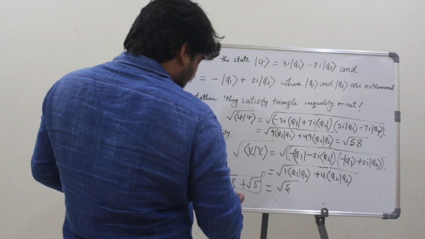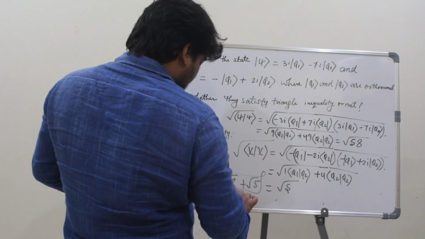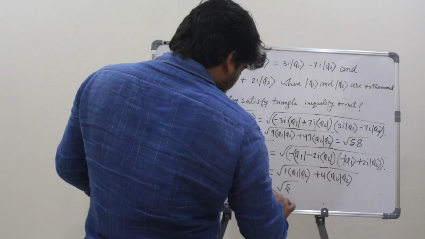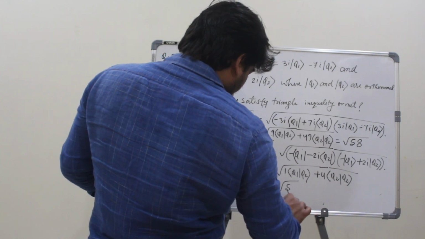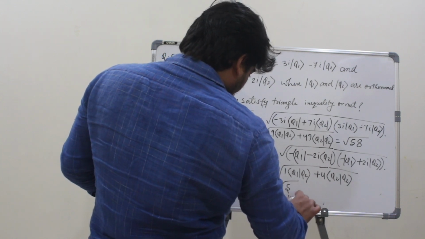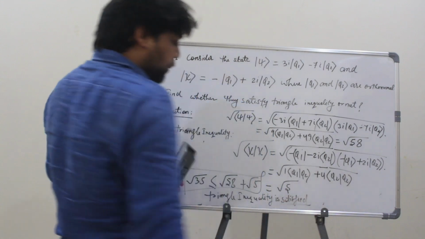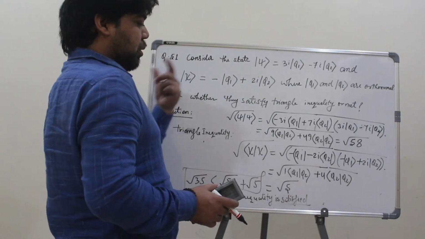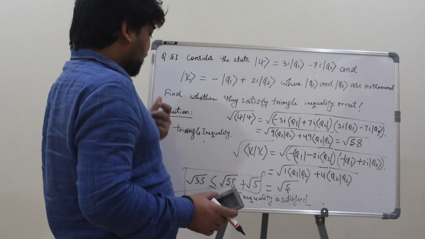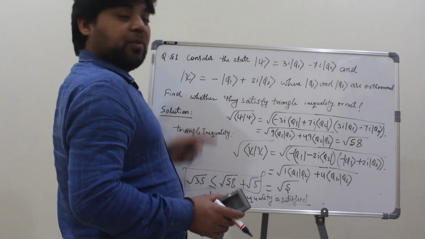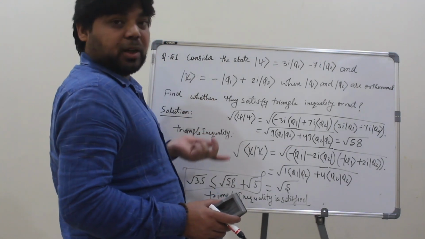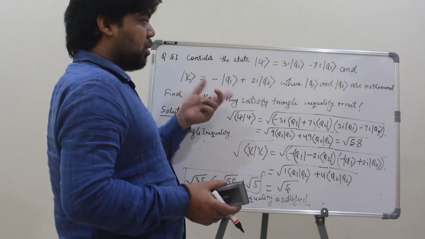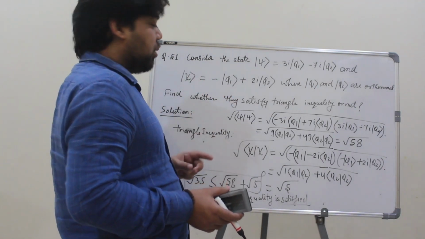So the triangle inequality is satisfied. This is a simple but important question, which one can easily solve with a little understanding of how to take the inner product and complex bras and kets.